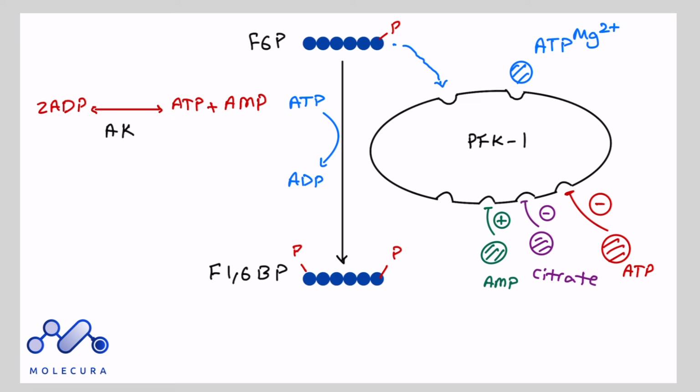So adenylate kinase is going to be converting our ADP into ATP and AMP. Therefore, the decrease in ATP is going to be less sensitive than the increase in AMP in telling us how much energy the cell has. So this is going to be an important thing to remember.